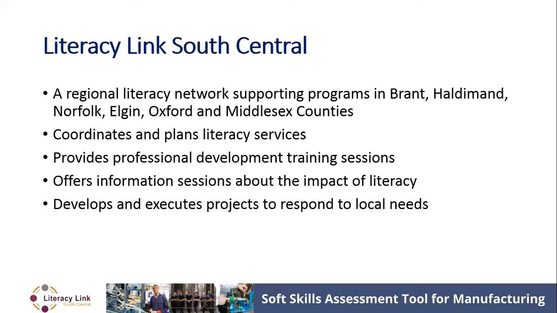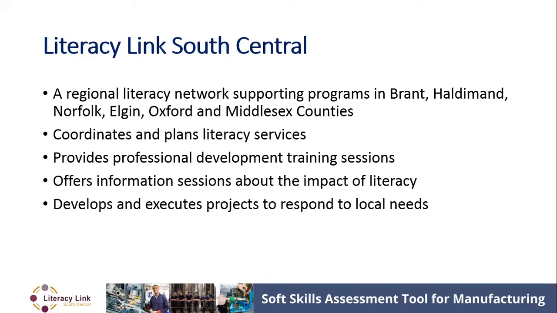So our organization is a regional literacy network, and we support adult literacy and essential skills upgrading programs in 6 counties. That's Brant, Haldimand, Norfolk, Elgin, Oxford, and Middlesex. Ontario's adult literacy programs offer free training to help people develop stronger reading, writing, computer, math and communication, and other essential skills, and we work to help them.